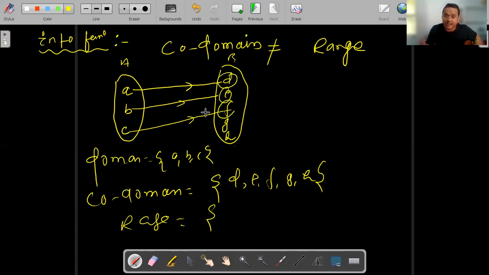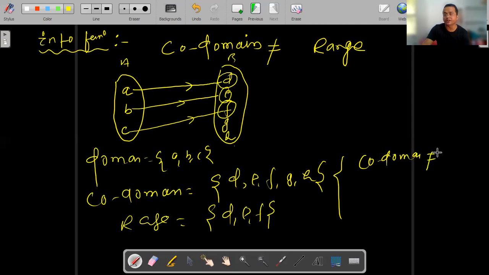D, E and F. Now you can see very clearly that codomain is not equal to range, because codomain is D, E, F, G, H and range is only the mapped elements, which are D, E, F. So finally we can write here that codomain is not equal to range. So this is an into function.